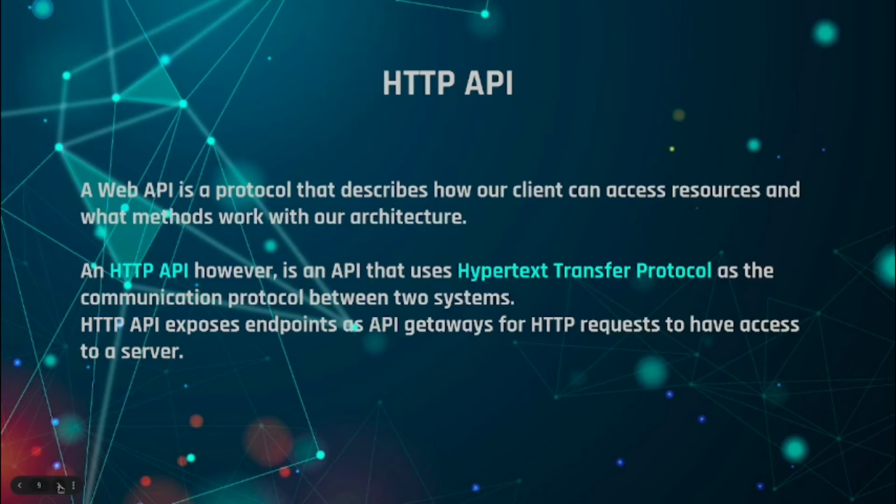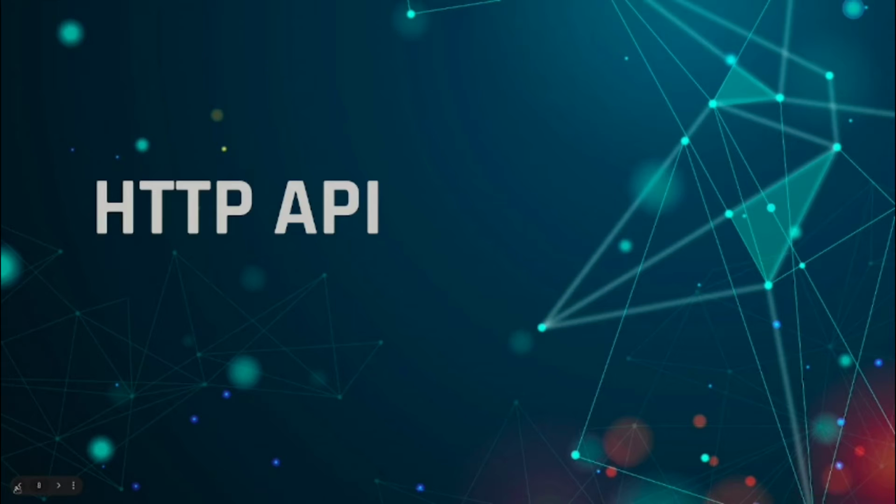So in HTTP API, I'm going to explain a few concepts. Now remember, an HTTP API is a protocol that describes how your client can access resources and what methods work with our architecture, right? So you can essentially think of it as a translation guide from one technology to another.